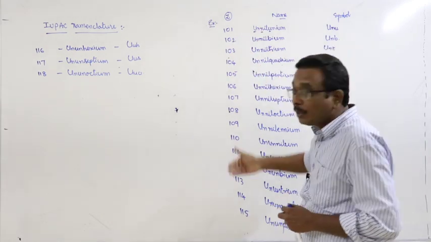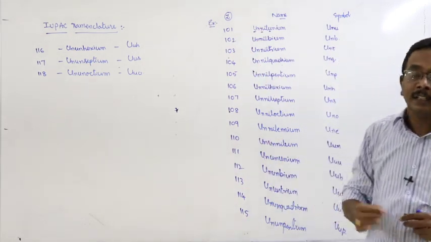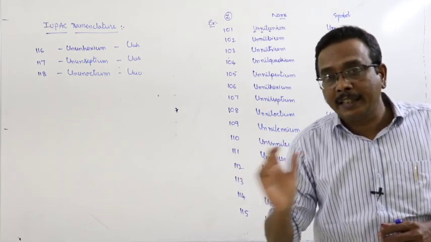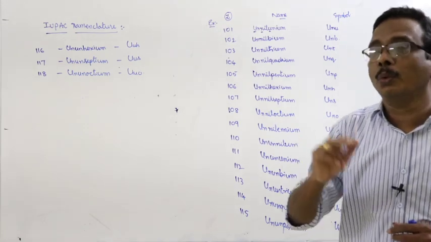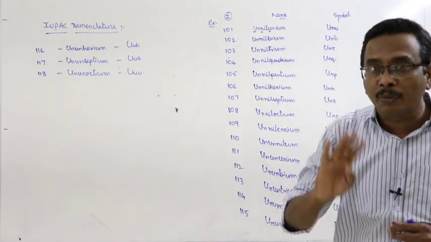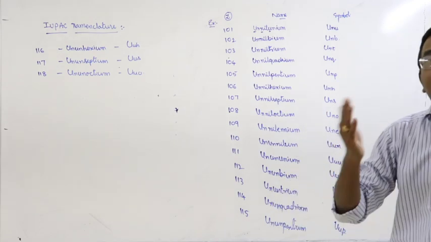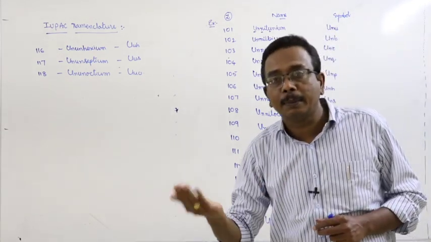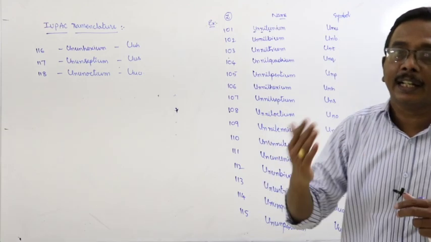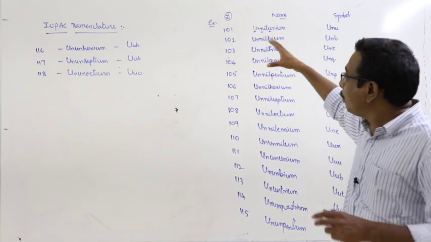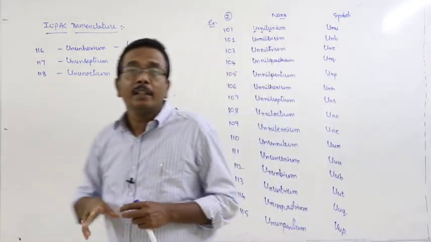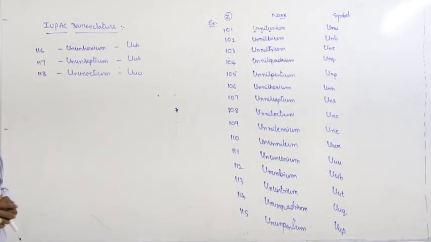And here digits are also represented in a systematic way. 0 is represented as nil and its symbol small n. 1, un, 2, bi, 3, tri, 4, quad, 5, pent, 6, hex, 7, sept, 8, oct, 9, enn. And here this is about the naming of the elements in the modern periodic table, which are not given names at present also.